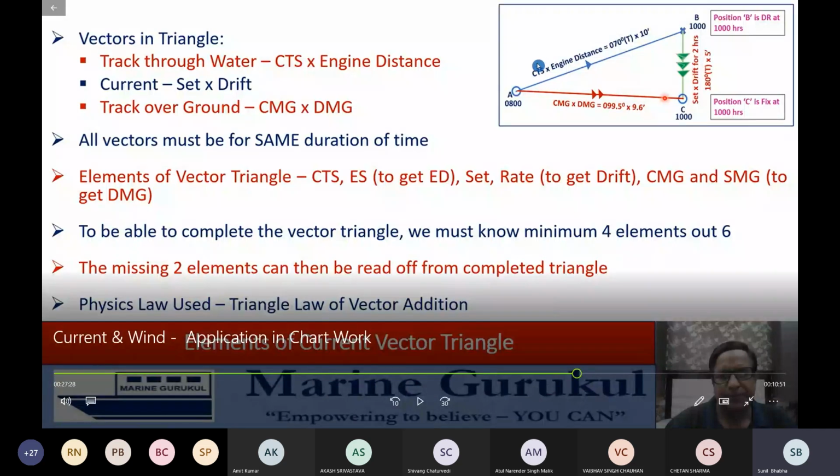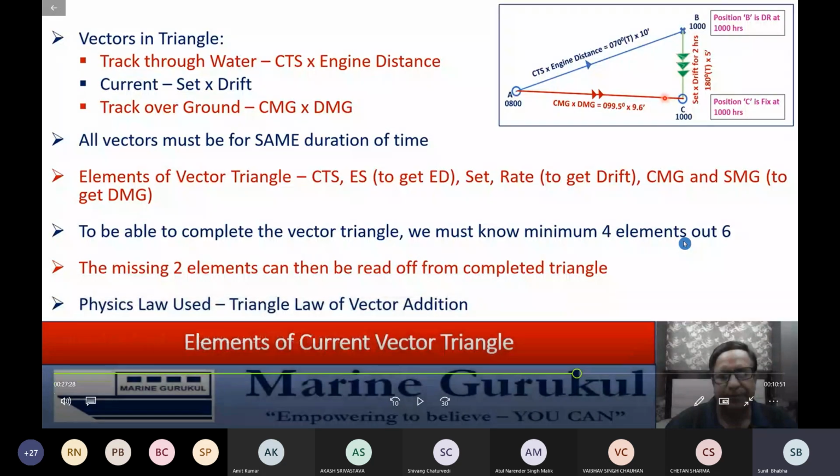Directions are course steered, course made good, and set of the current. The magnitudes are engine distance, distance made good, and the drift of the current. So there are total 6 elements in this particular triangle. Now to complete or make this triangle, we require minimum 4 elements. These could be any 4 elements.